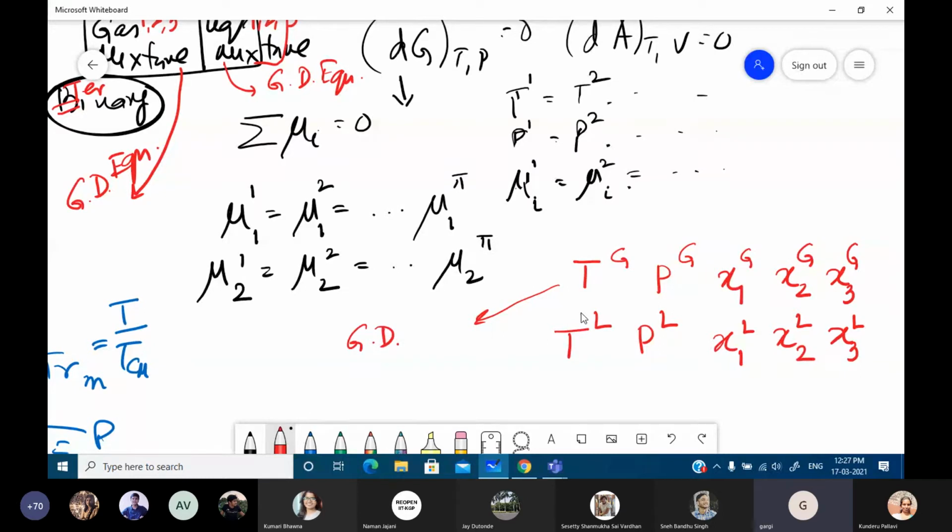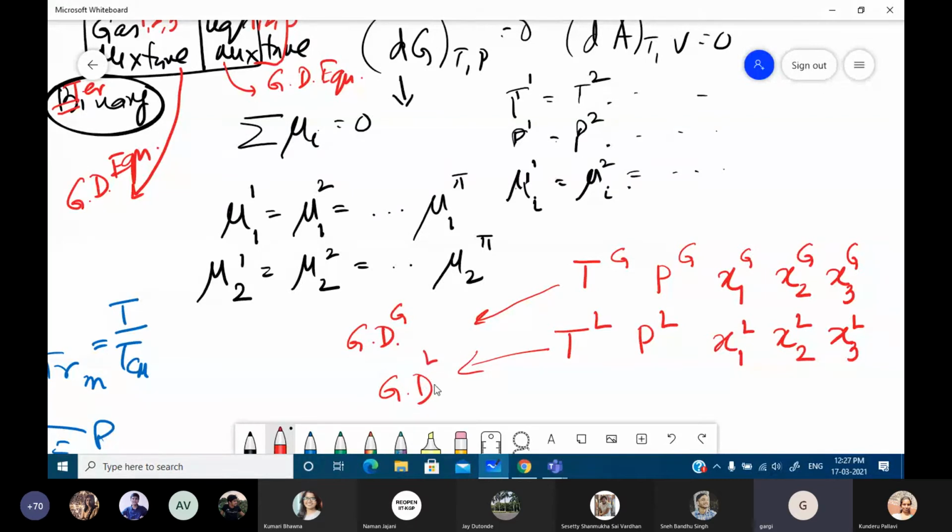So therefore in total you need 10 properties, out of which there is one Gibbs-Duhem equation by which you can find out the fifth property in the gas phase. There's also a Gibbs-Duhem equation here. This is Gibbs-Duhem for the gas phase. These are not any powers, mind it. They just show the phase.